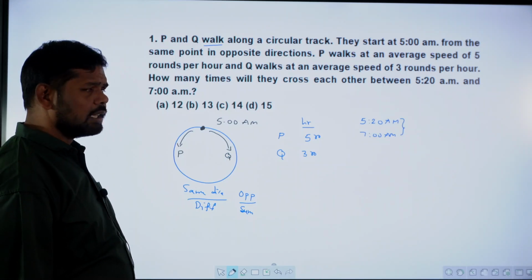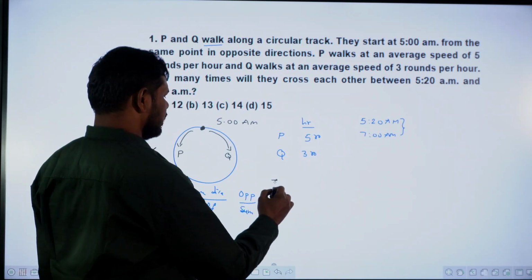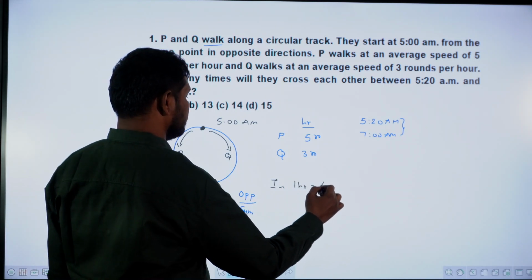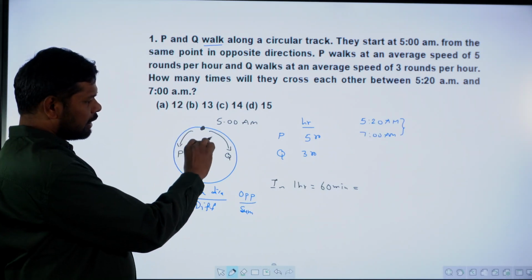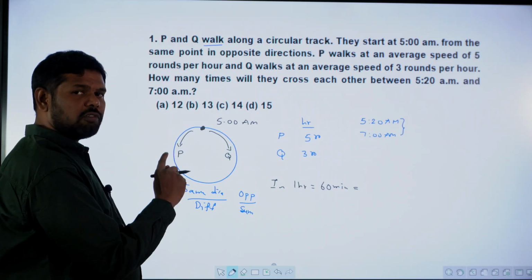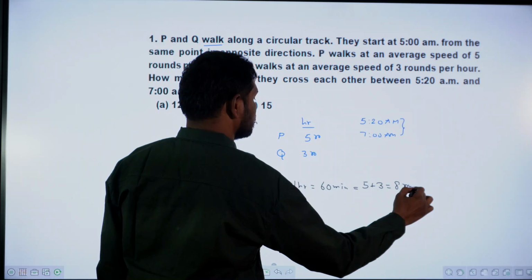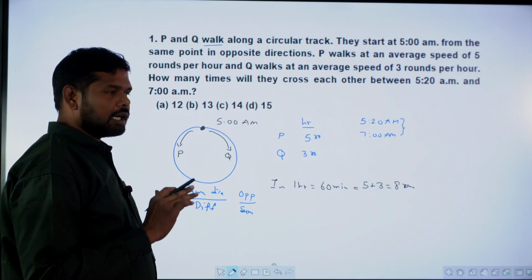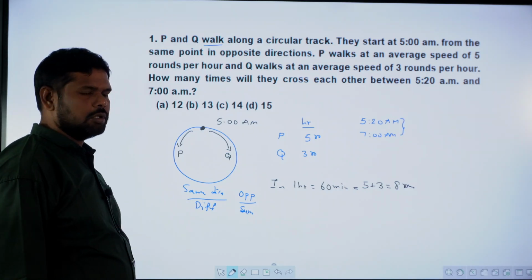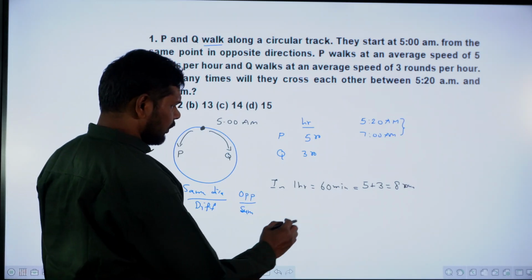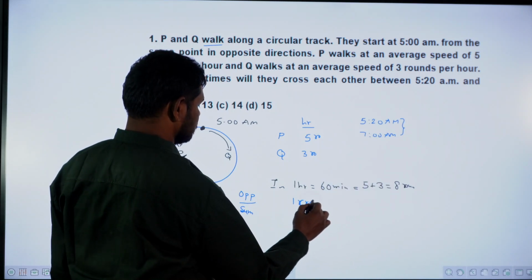So in 1 hour, which is 60 minutes, P completes 5 rounds and Q completes 3 rounds, so 5 plus 3 is 8 rounds. That means in 1 hour they cross each other 8 times. Now observe: in 1 hour there are 8 rounds, so for one round, one cross each other.